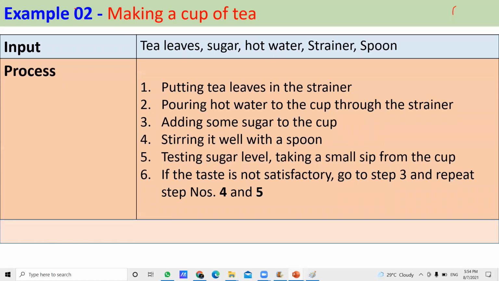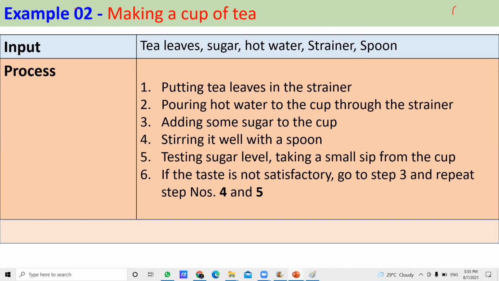Look at step number 6 here. If it is not satisfactory, then what happens? Go back to step 3, that means add a little more sugar to the cup, and repeat steps 4 and 5. When you reach the satisfactory level, then stop the process.